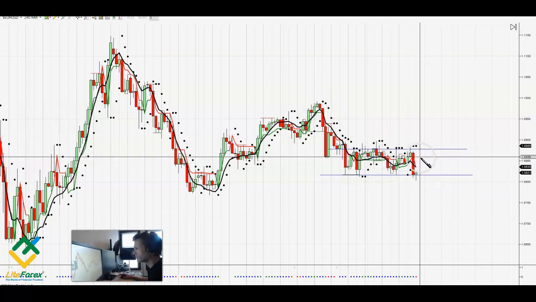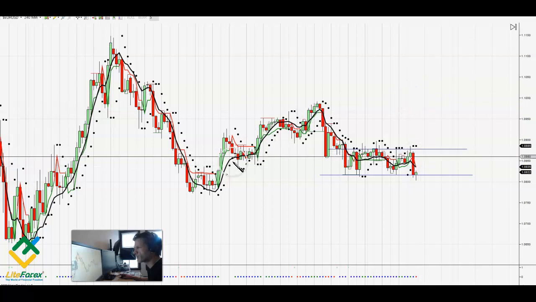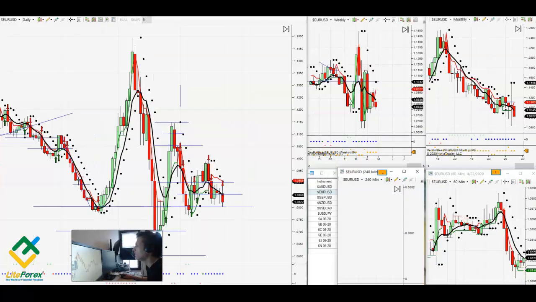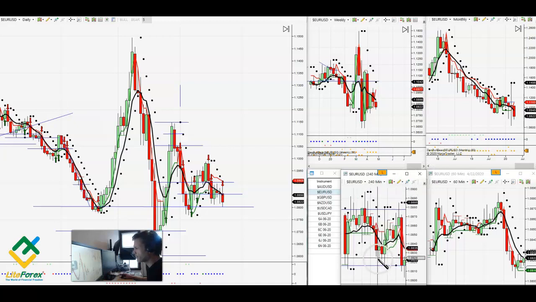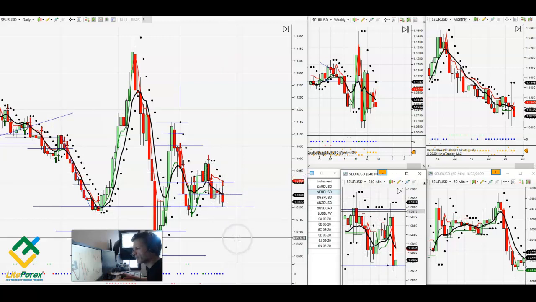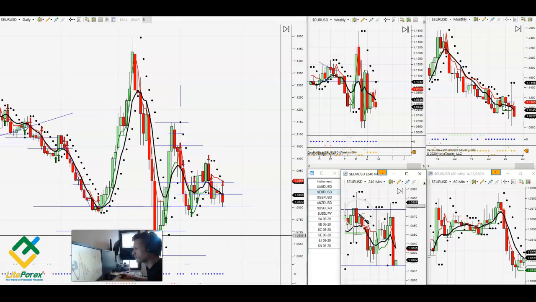But when something's choppy like this, it really needs to break one way. You can see how we were moving nicely, flowing nicely, and now we're sideways. So traders always have to wait for the support or the resistance to break and then take your trades. But right now it definitely looks more bearish than bullish.